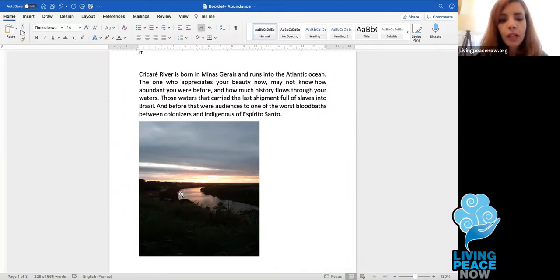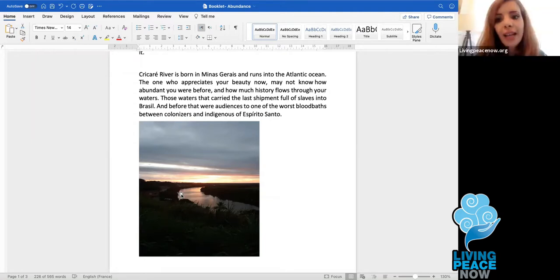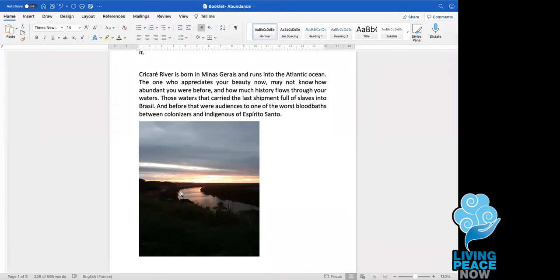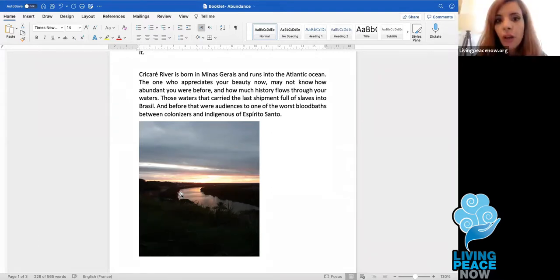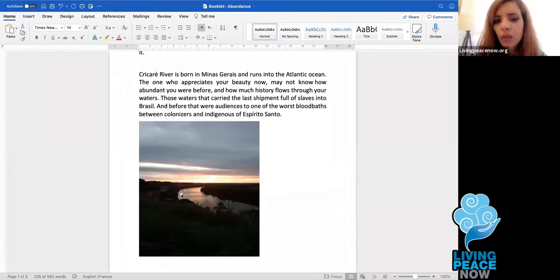So I will go and read the paragraph. She said it is born in Minas Gerais and runs into the Atlantic Ocean. The one who appreciates your beauty now may not know how abandoned you were before and how much history flowed through your waters. Those waters that carried the last shipment of slaves into Brazil.